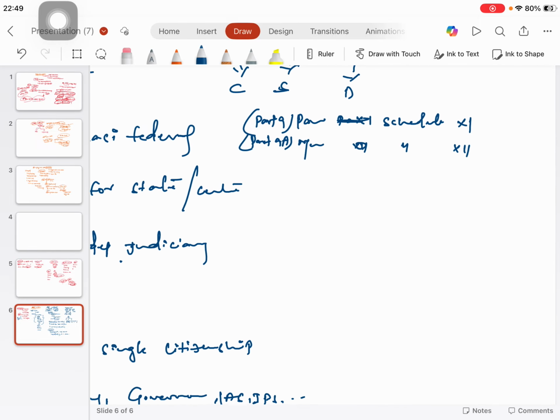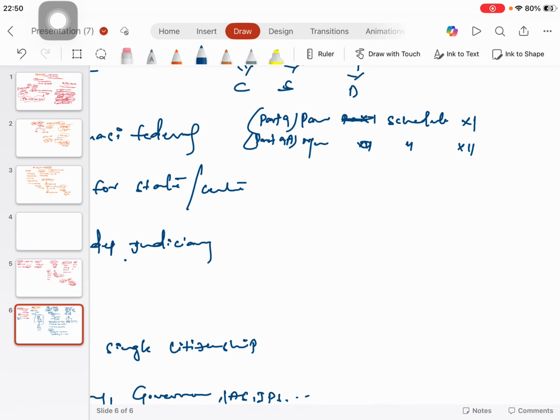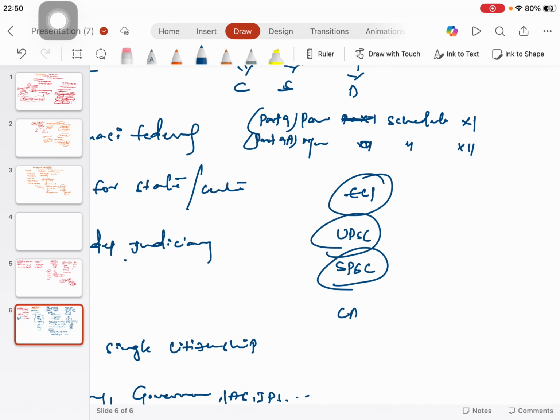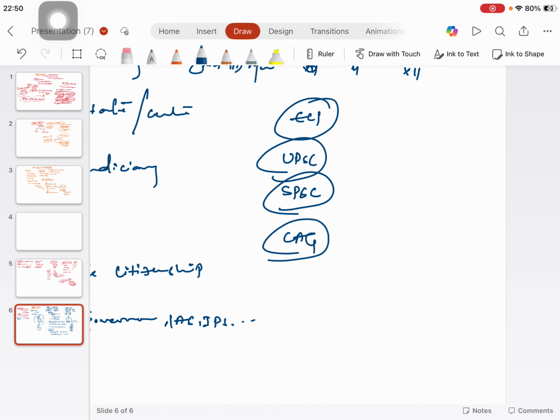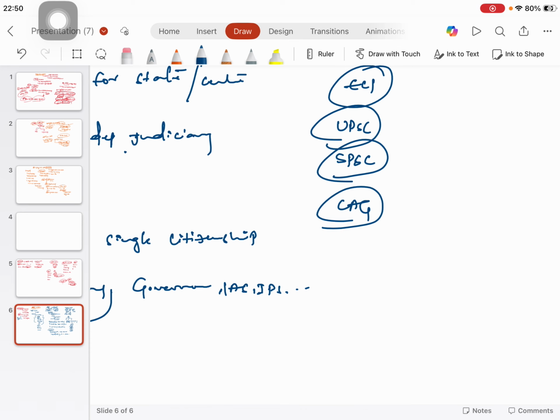Okay, we have three governments and independent bodies like ECI, the Election Commission of India, which is independent, UPSC is an independent body, State PSC is an independent body, CAG is an independent body. And the 61st Constitutional Amendment reduced the voting age from 21 to 18.